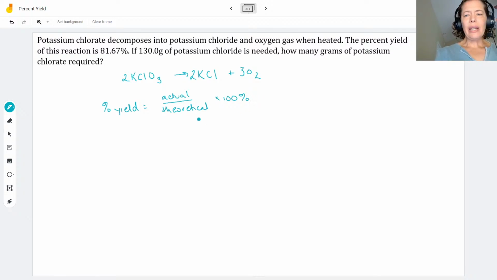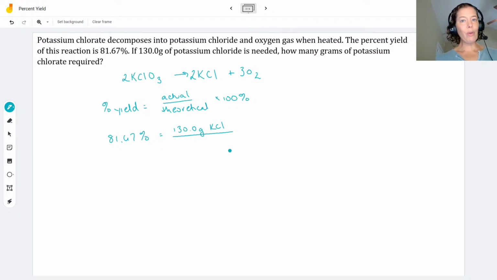Okay, so let's just plug in what we know. We know our percent yield is given to us in the problem, so I'm going to put 81.67% in. We know what our actual yield is. I actually want 130 grams of potassium chloride. I don't know what my theoretical yield is, so I'm just going to call that X, and then I'm going to multiply that by 100%.